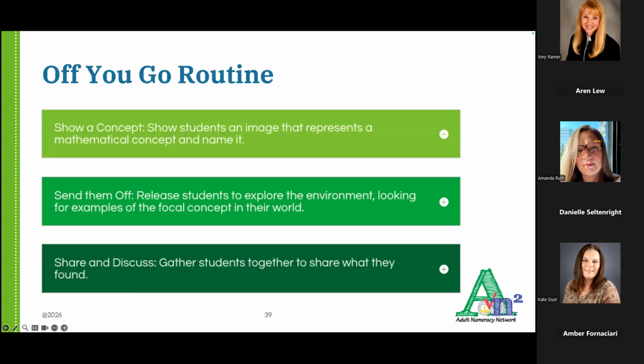And the laundry basket one was there before you started. So there were two ideas, and then you just say, okay, off you go, and have them look for it. And it's perfectly fine if people come back with an example that helps you to refine the vocabulary of what that definition is. And then you share and have a discussion.